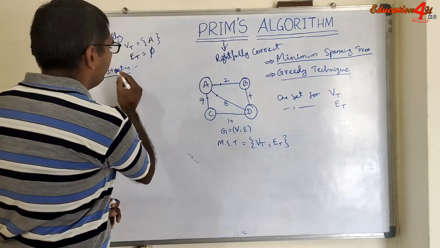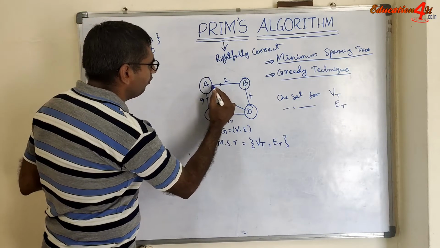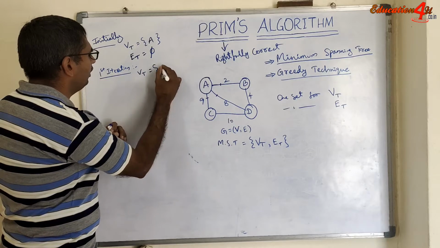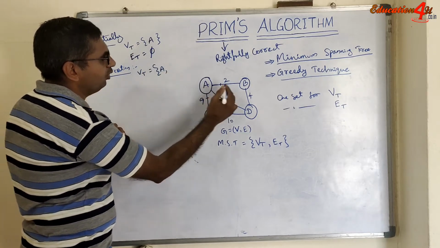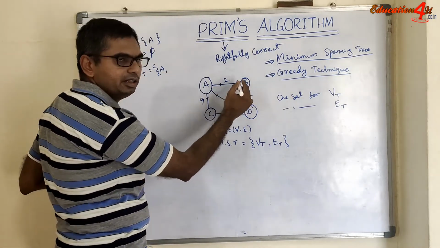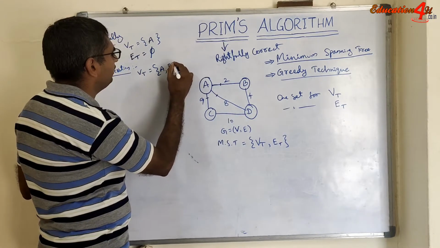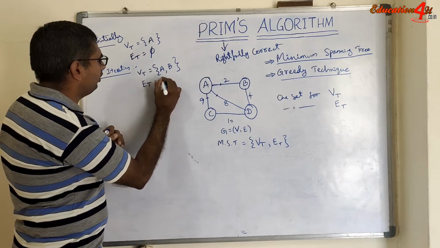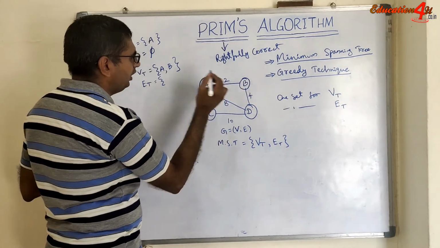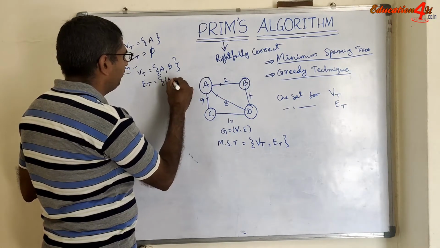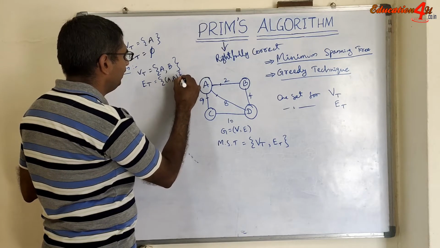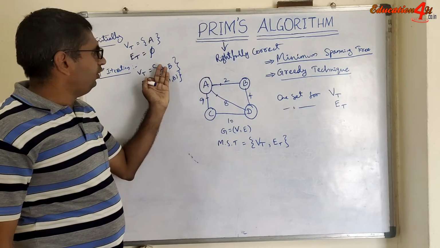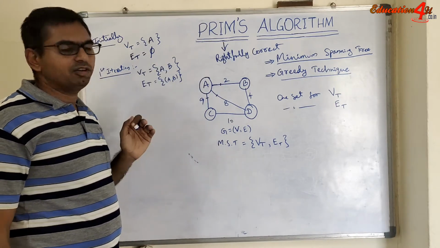Now in the first iteration we will write Vt equal to A, and now as we are selecting edge AB, we extend it to A, B, and Et equal to our newly selected edge, that is AB. So we got one edge and 2 vertices as of now.